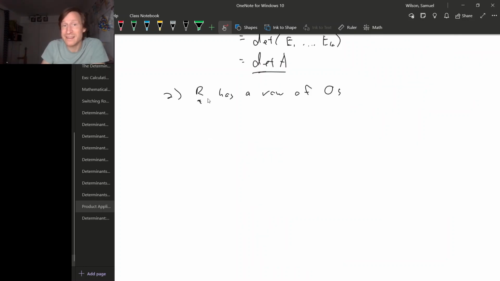Another way to say this, because R is n by n, is that the rank of R is less than n. Well, the rank of R and the rank of A are the same thing, so these are equal. But the rank of these things is the dimension of the row space.